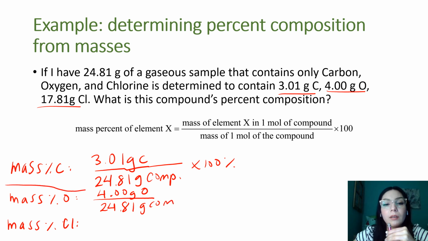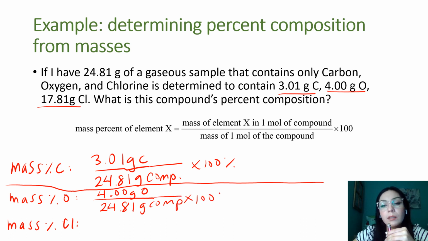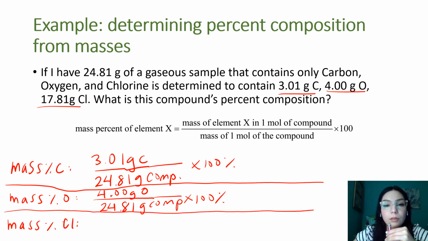Let me just write a line so we can tell the difference. Times 100%, and then again for chlorine. So for chlorine, it's 17.81 grams Cl divided by that 24.81.